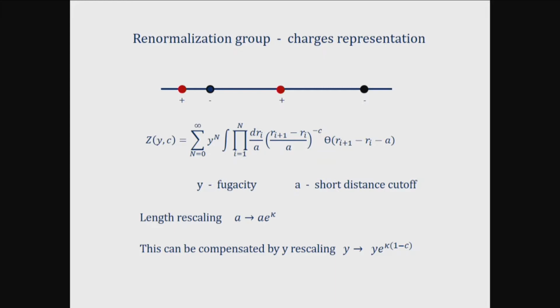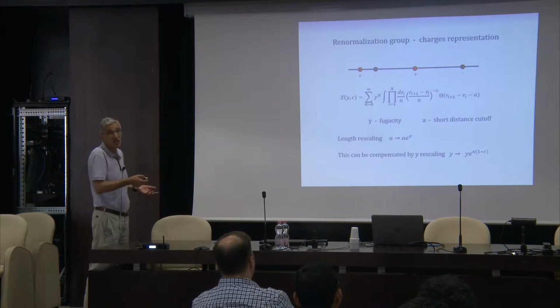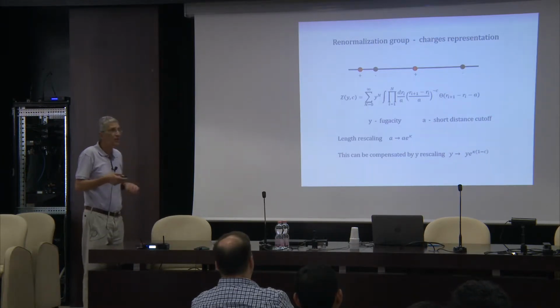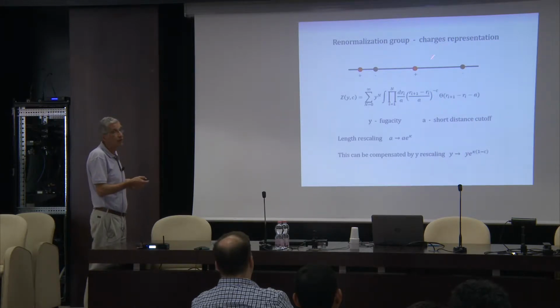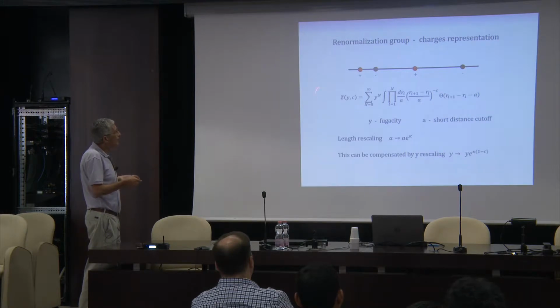As I said, basically the model can be represented as charges on a line, and they are two-dimensional charges in the sense that they interact logarithmically. Now, you can just write down the partition sum of this model, introduce some fugacity.